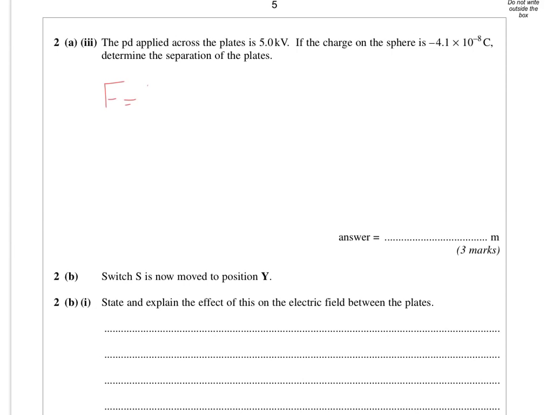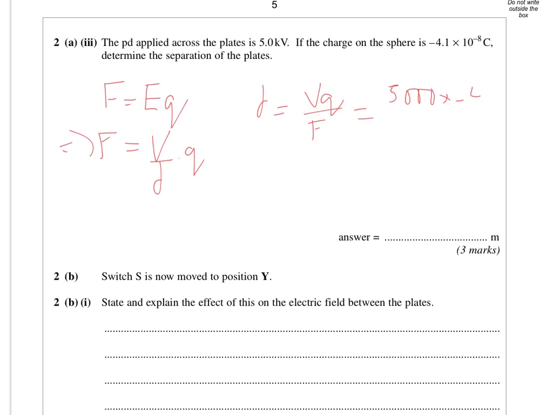The force acting on it is going to be the field strength multiplied by the charge, and it's a uniform field, so we can put that as V over d times Q. Now we want to get d, so d is going to be VQ over F. We've just calculated the force, so we've got 5,000 times 4.1 times 10 to the minus 8 divided by 4.32 times 10 to the minus 3.